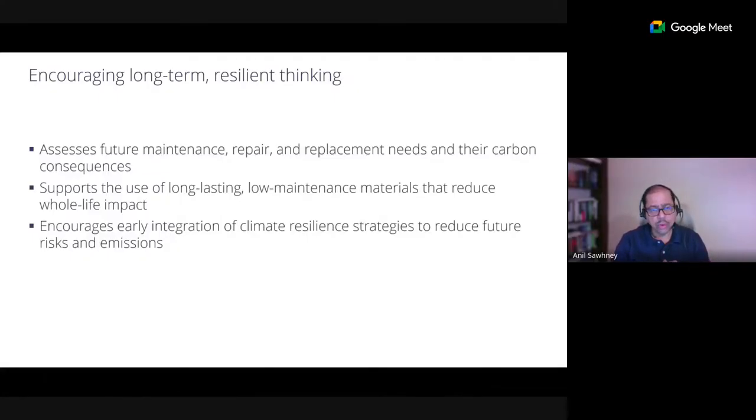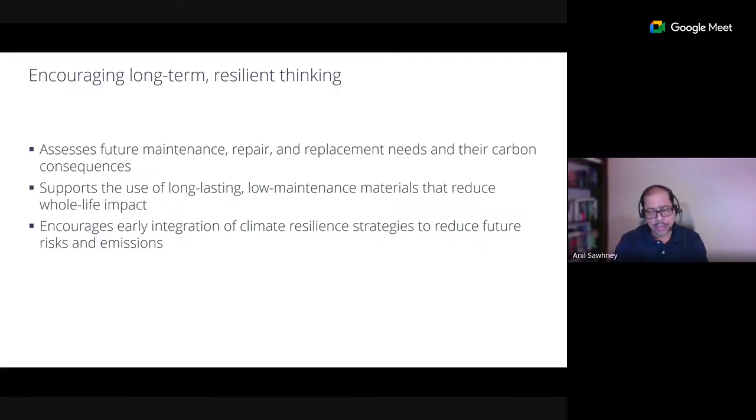If you are doing a whole life carbon assessment, you're forced to think about when the roof will be replaced, when the mechanical systems will be replaced, when you need to repair or maintain maybe the doors and exterior doors and windows. So all those things have both cost and carbon associated with them.